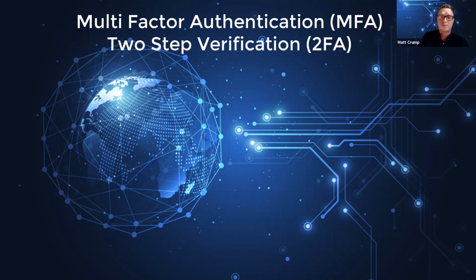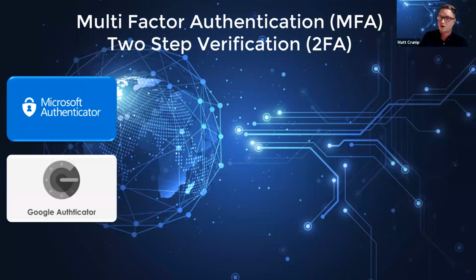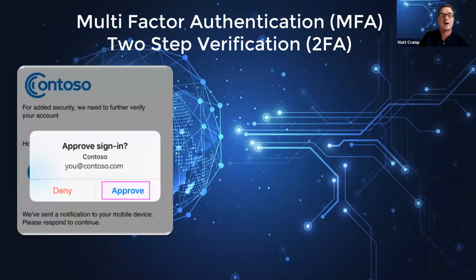So in Google and Microsoft, which are the main couple, I would say, you've got the Microsoft Authenticator or the Google Authenticator, a literal app you install on your phone or tablet, and then you can set it to challenge you for an approve notice, like this Microsoft one, where it comes up on your screen, you click approve, put your fingerprint on, or let it see your face. You've got the biometric, you've tapped it, you don't need to remember any codes, and done.